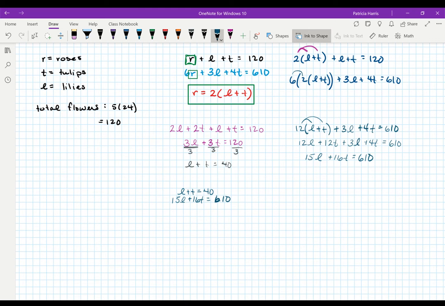Personally, I am a big fan of elimination, so I'm going to multiply the top equation by negative 15. Then 15 times 40 is 600.